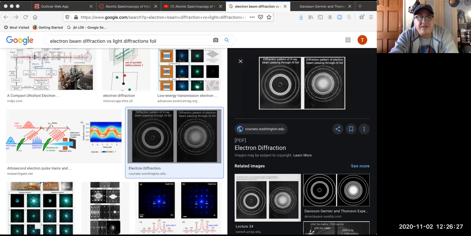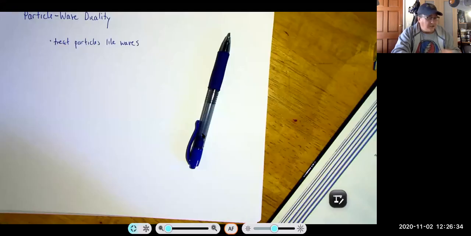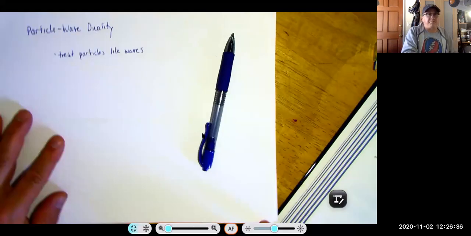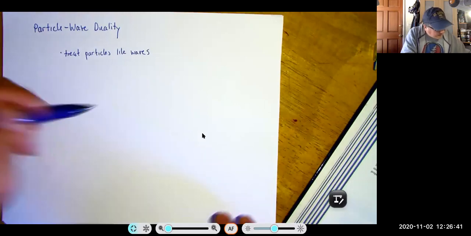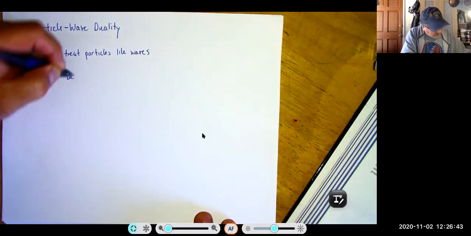I'm going to go back to the other share, which is the Elmo here. Okay, so back to the particle wave duality. We're going to treat particles like waves, and we've got something called the de Broglie wave equation.